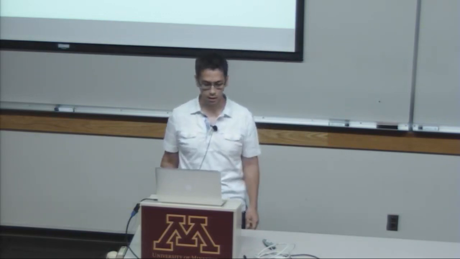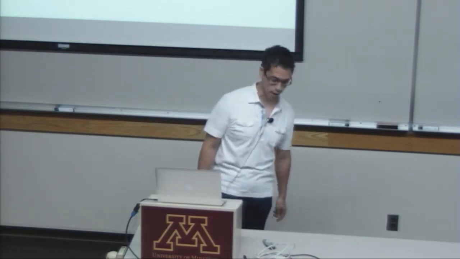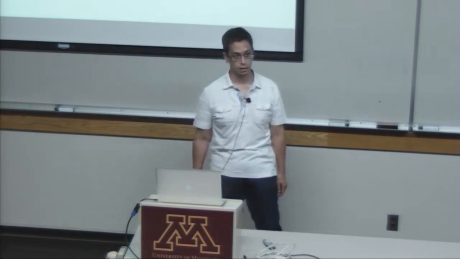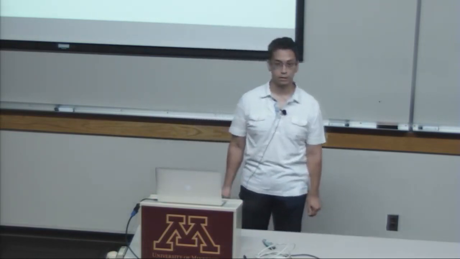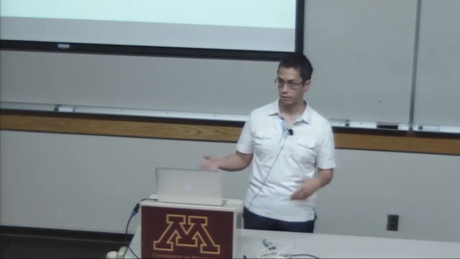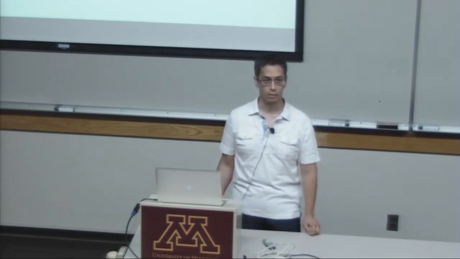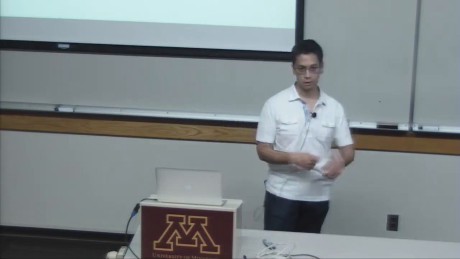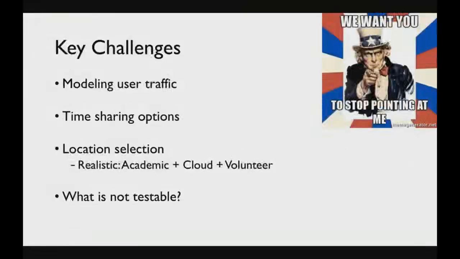Some key challenges that we are aware of, and we know will have to be addressed in order to do this well. I think one of the hardest ones is modeling user traffic. We could come up with some fake users and have them do some fake things, but maybe we want them to actually be downloading websites, or doing real bulk downloads.